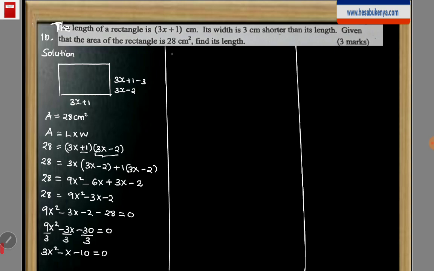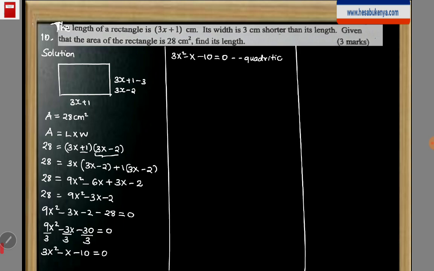So 3x squared minus x minus 10 being equal to 0 is a quadratic equation. And with this, we can solve to get the value of x.